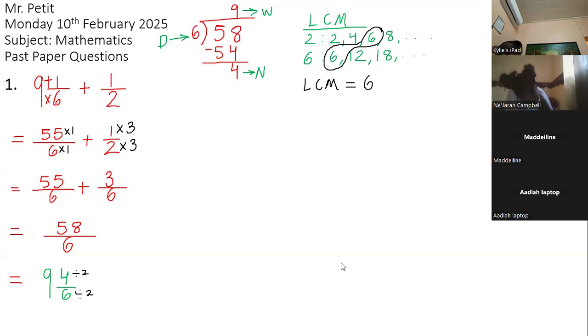So we have, let me make this smaller so we have more space, 9 and 4 over 6.